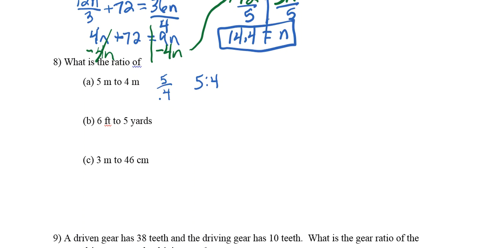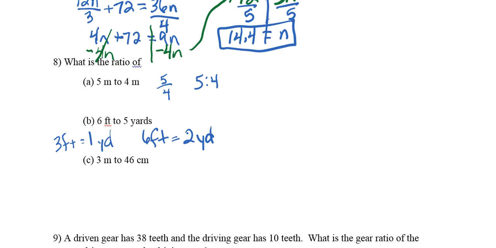Now on B there's a little bit more work, because notice this is in feet and this is in yards. We would prefer that they're in the same thing. So you can always choose to either move feet to yards or move yards to feet. I'm going to go ahead and move feet to yards. I know there are 3 feet in 1 yard, so 6 feet would equal 2 yards.